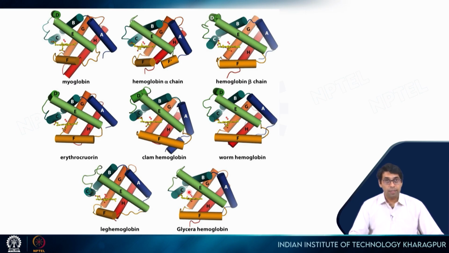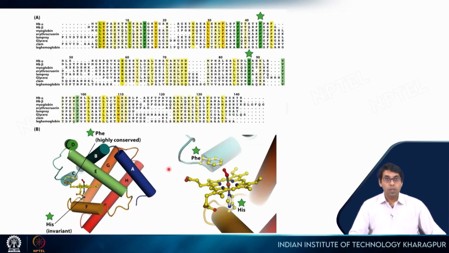Now, we can align their amino acid sequences and see how similar or how different they are. If I do an alignment of all these 8 amino acid sequences, this is what you will see. Only 2 residues shown here are absolutely conserved. This is a histidine, so it is histidine in all the sequences, and this is phenylalanine in all the sequences.